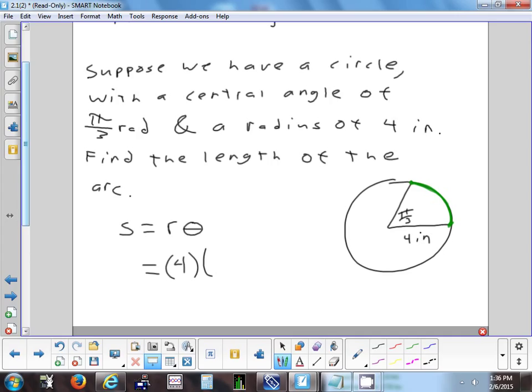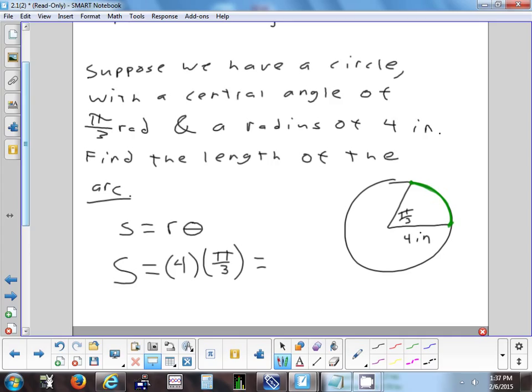It says I have an angle of pi over 3. Where's that going to go? Theta. Is it in the units I want, or do I need to convert it? It's fine. It's already in radians. We don't want to change it. And find the length of the arc. That's what I don't know. That's what I'm finding. So just leave that as S.